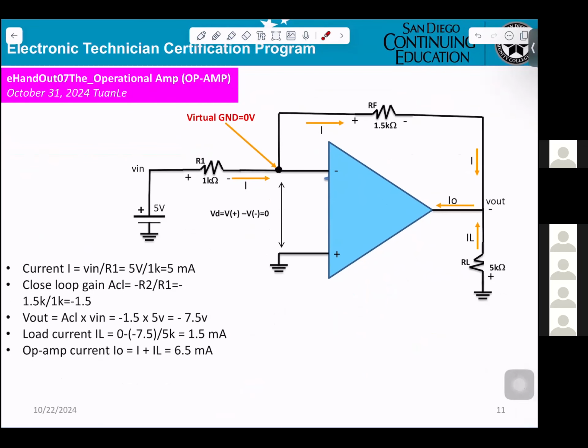You can see the current, you get 5 volt applied. Okay, the current goes up to this point, and they go up through to this point.